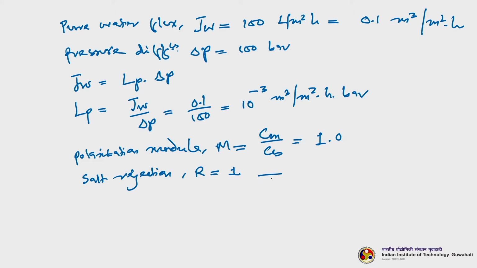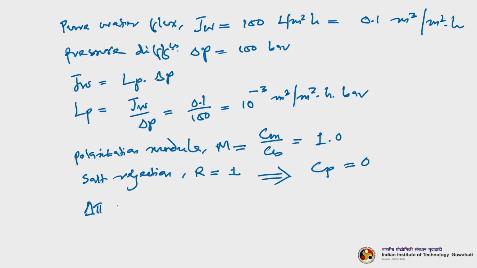This indicates the salt rejection is unity, so Cp equals 0. That means the salt concentration on the permeate side equals 0. Now we can calculate the osmotic pressure difference, delta pi, between the feed and the permeate.